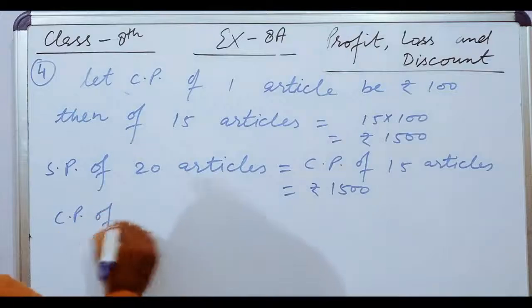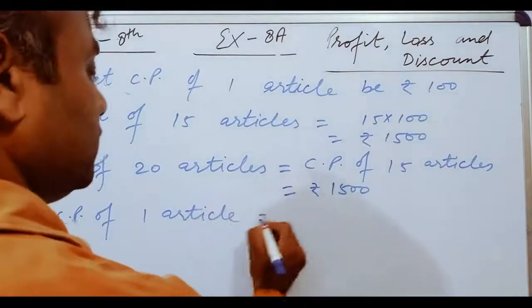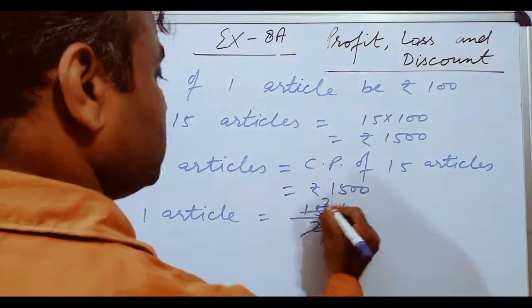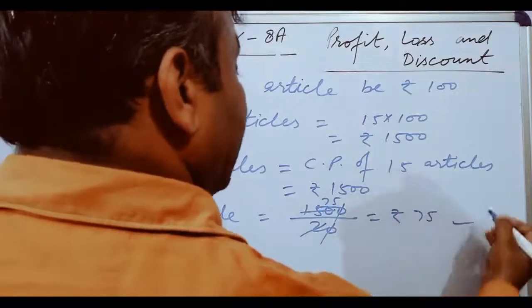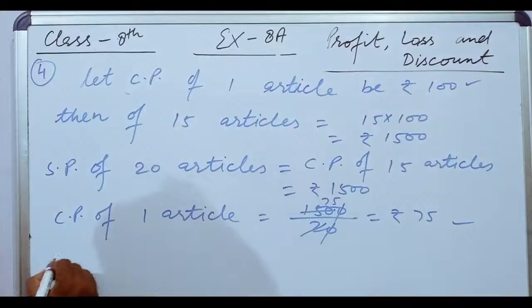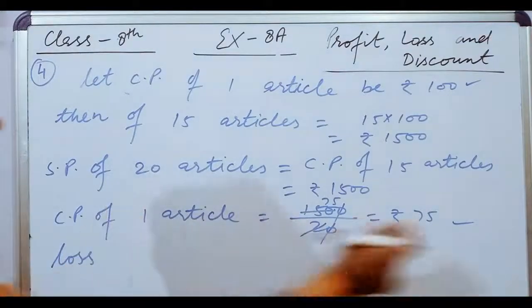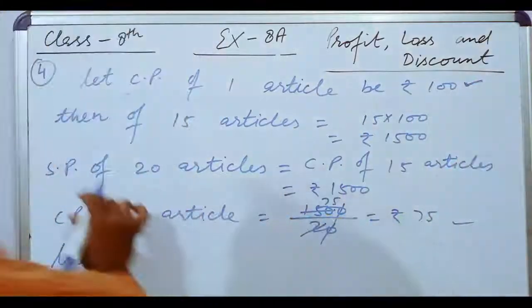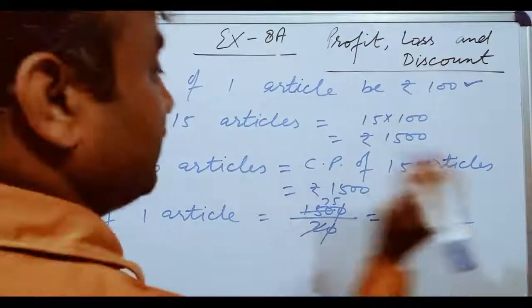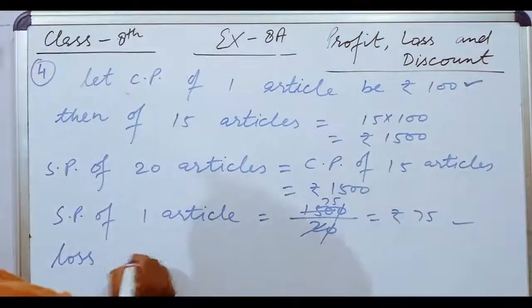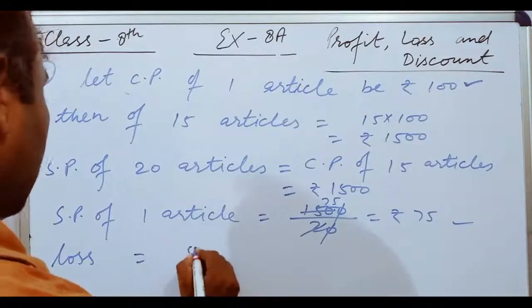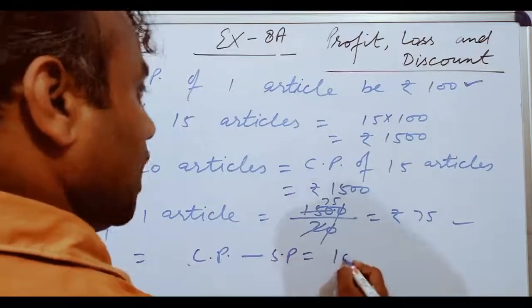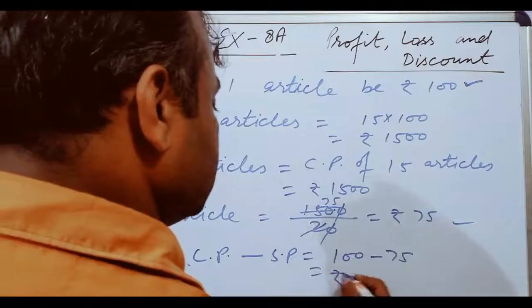CP of one article is 100 and SP is 75. SP is less than CP, so loss equals CP minus SP, 100 minus 75 equals rupees 25.